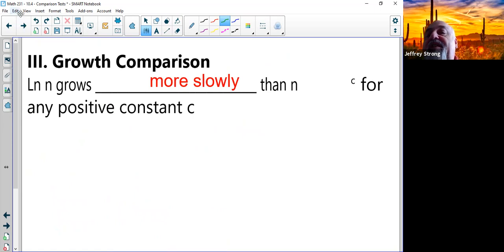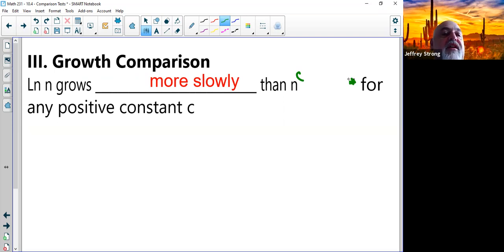So the last little part of this is actually also on the beginning of the next video, I think, but let's just go through it anyway. The natural log of n grows more slowly than n to the c for any positive constant c.